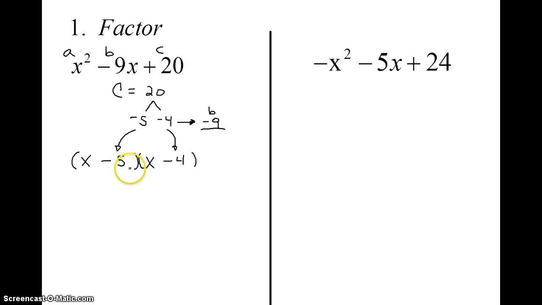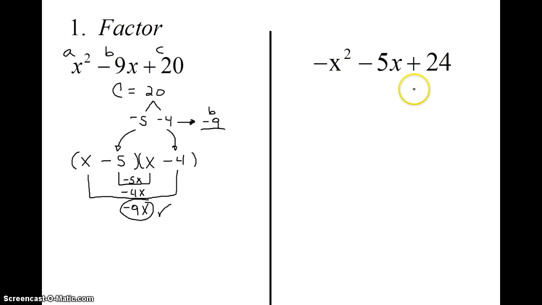And look what happens when you multiply the inner terms, negative 5x, and the outer terms, negative 4x. You combine these two terms, and that's going to give us negative 9x, which is the middle term. It's a good idea to check if you get the middle term. You don't have to do it every time, but once in a while, just double check if you get the middle term.